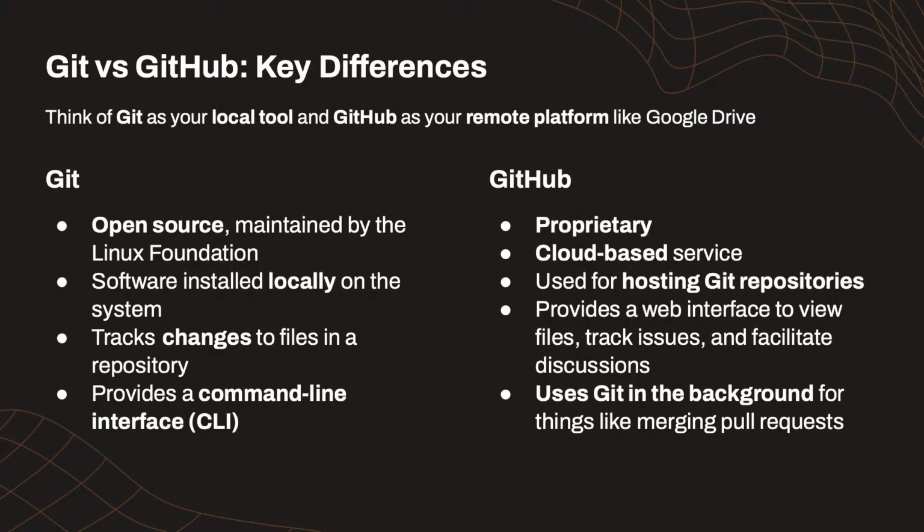GitHub, on the other hand, is proprietary and cloud-based, used for hosting Git repos, and provides a web interface to view the files, track issues, and facilitate discussions. And like I mentioned before, it just uses Git in the background for merging all the pull requests and making new branches.